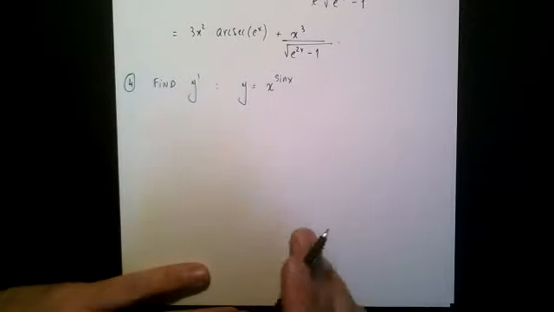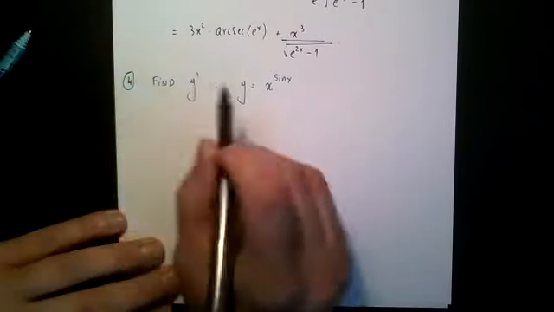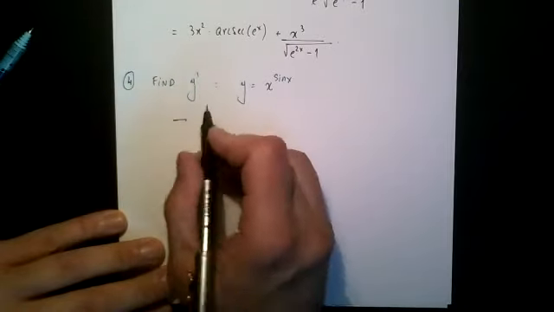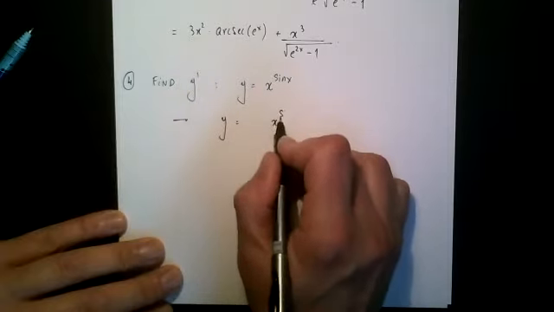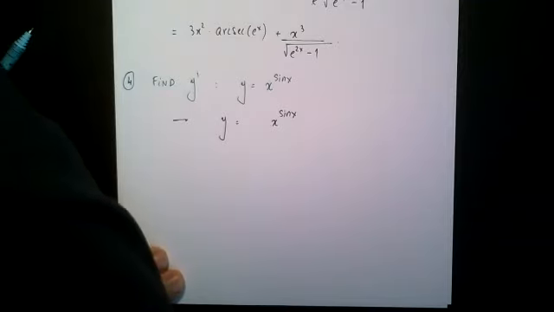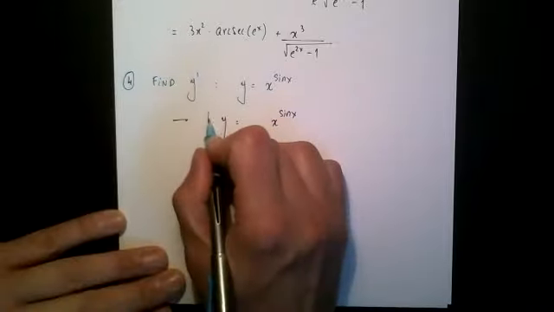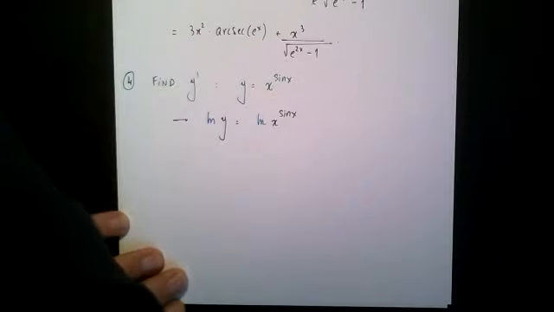Okay, so what I'm going to do, I will put a ln on each side first. So I'm going to write y equals x to the power of sine x, and I'm taking the ln on each side.